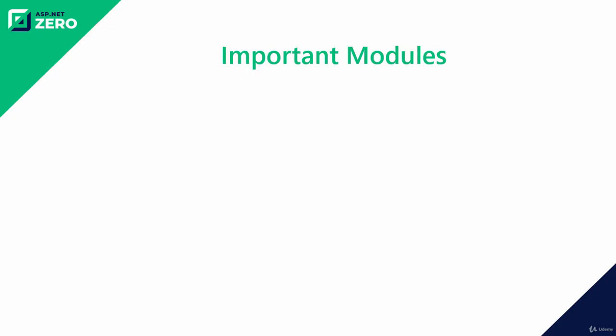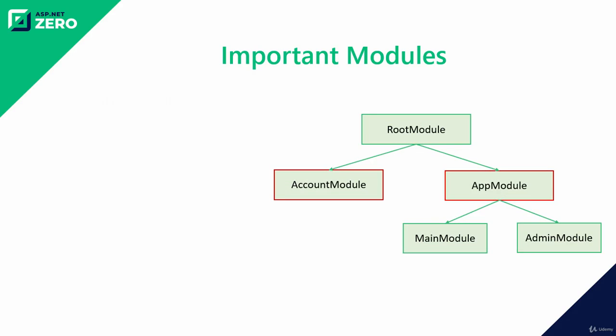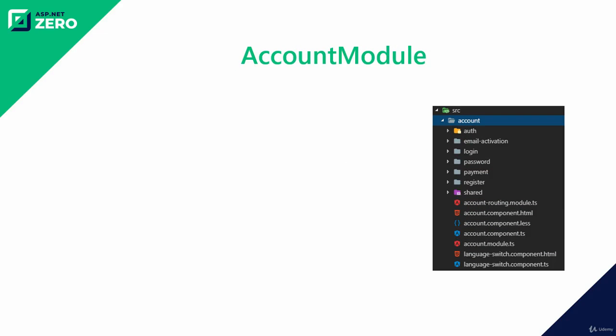Before we go back to the demo, I want to zoom in a little bit more on the default modules, which we already touched upon briefly, so the account module and the app module. And let's start with the account module. In your source code, you will be able to find this module under the account folder. The account component is the root component for the module.